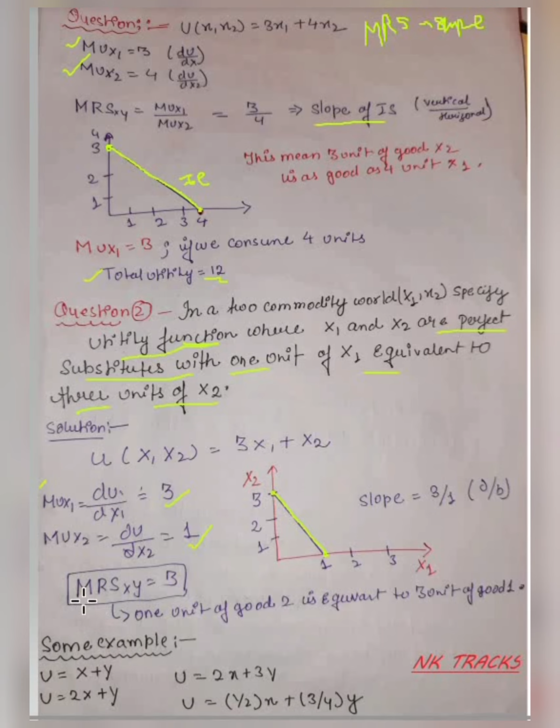So the marginal rate of substitution will be what? MUx by MUy. The value is 3 by 1, so the value will be 3. What does it mean? It means that 1 unit of good 2 is equivalent to 3 units of good 1.